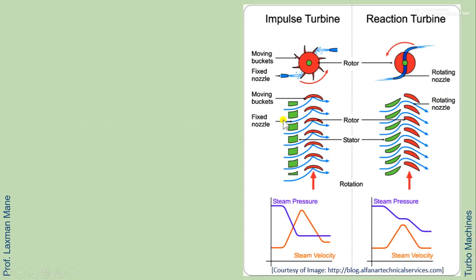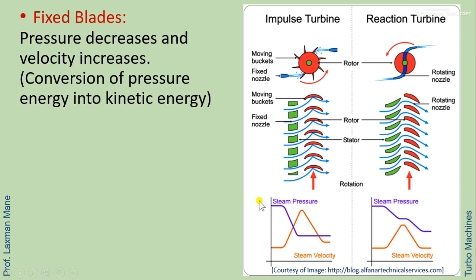Here we can see this set of nozzles and set of moving blades, and again this diagram will show us change in pressure and velocity. In fixed blades, the blue color line represents pressure line and the red color line represents velocity line.